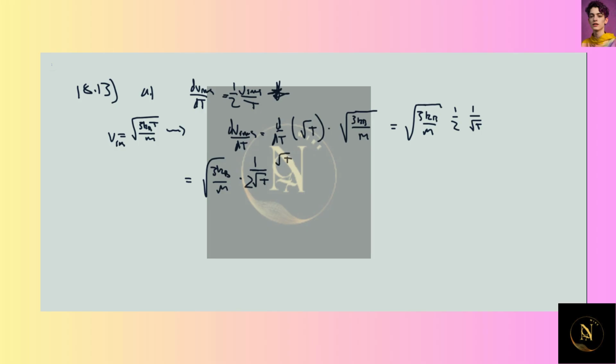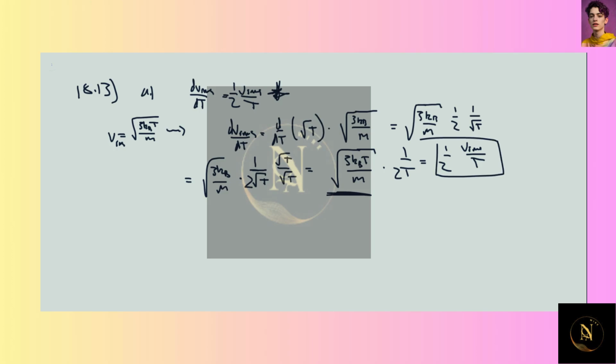So let's multiply by square root of T over square root of T. And now we're left with square root of 3 kBT over m times 1 over 2T. Or this is actually just 1/2 times VRMS over T, because this is just right here, VRMS.